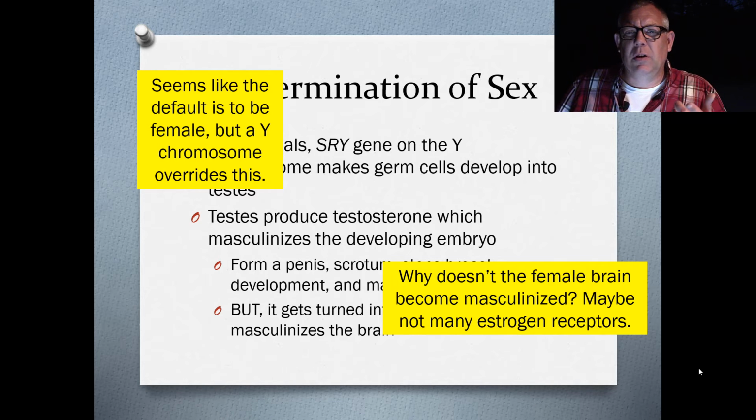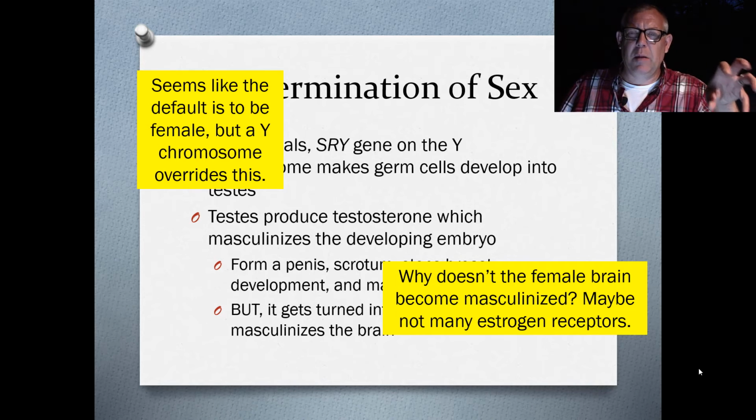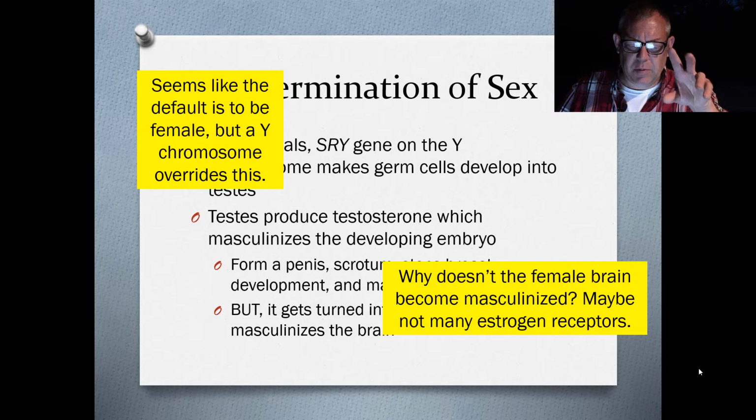So since estrogen masculinizes the developing brain, why don't female embryos, XX females, become masculinized? Because they're already producing tons of estrogen. And it's probably because their brain cells develop in a way that they don't have receptors for estrogen.